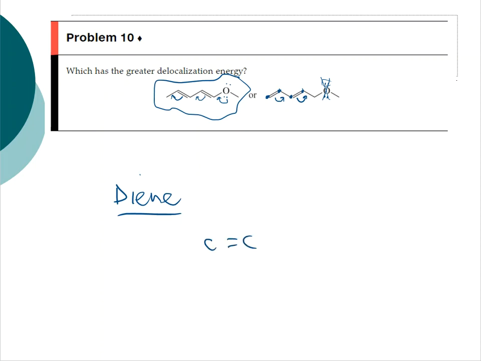So carbon double bond carbon to maybe, oh, I see. We were talking about dienes back in the day. And we named them. We did some reactions with them, maybe, right? But we at least named them.